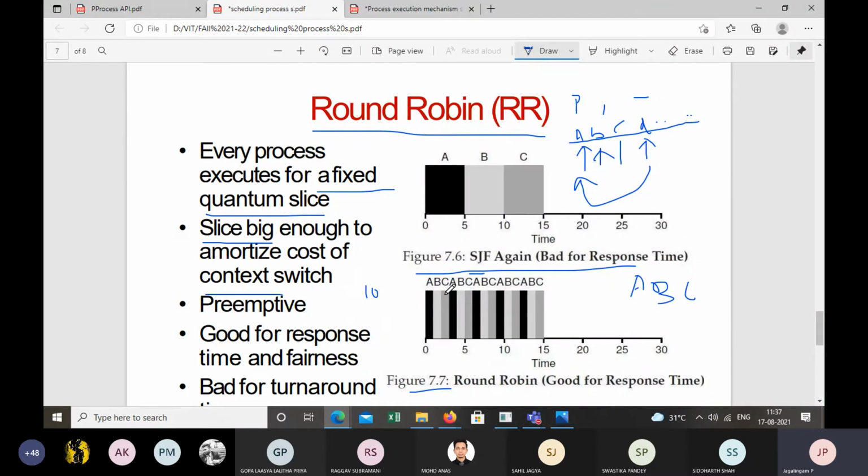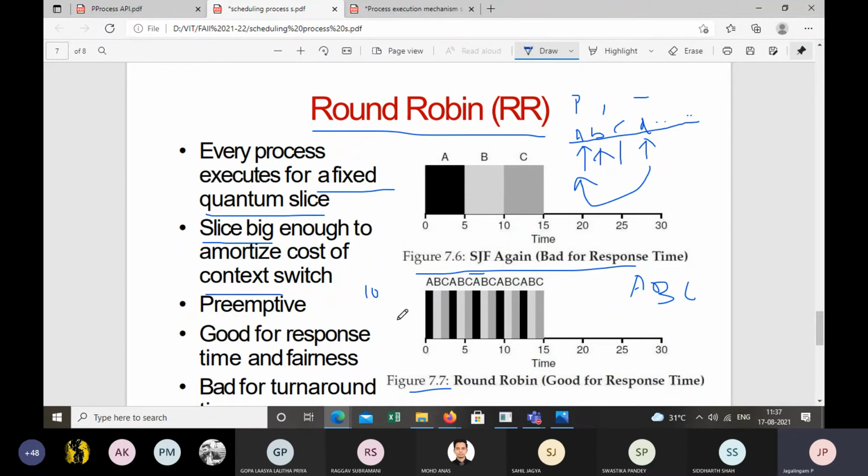Now what will happen if this quantum time is 1 millisecond? A lot of switching would happen, a lot of switches from process A to process B. You will have multiple rounds and multiple switches.